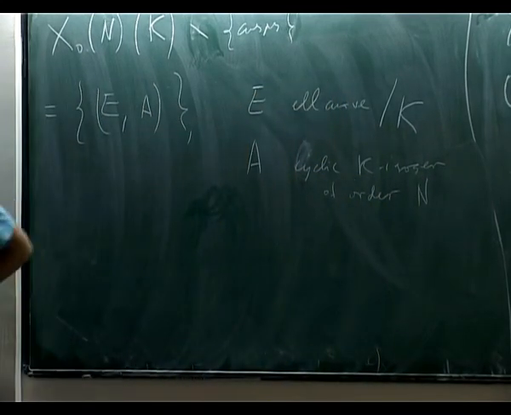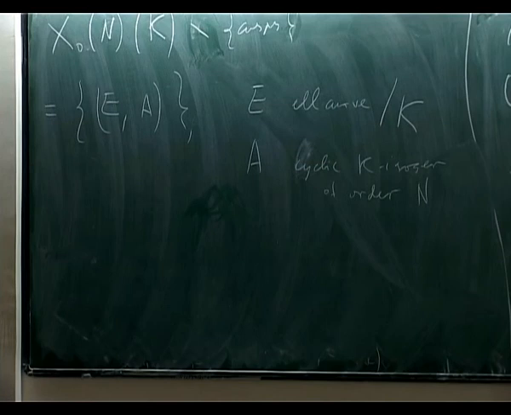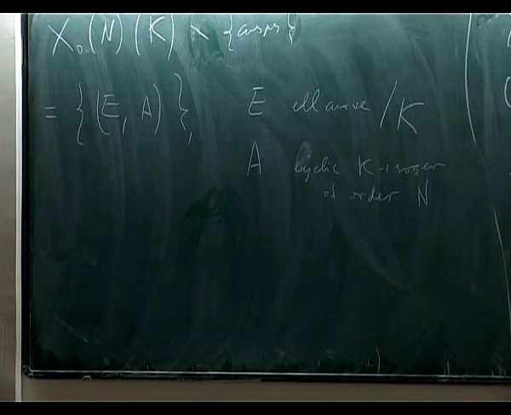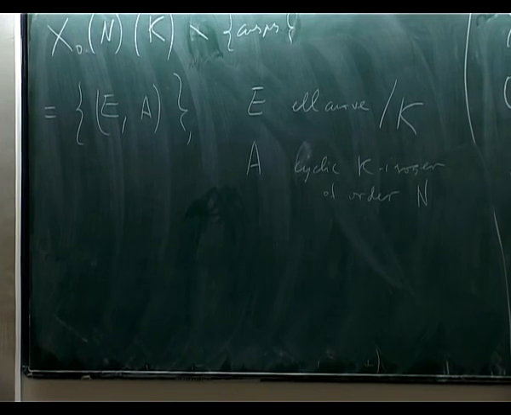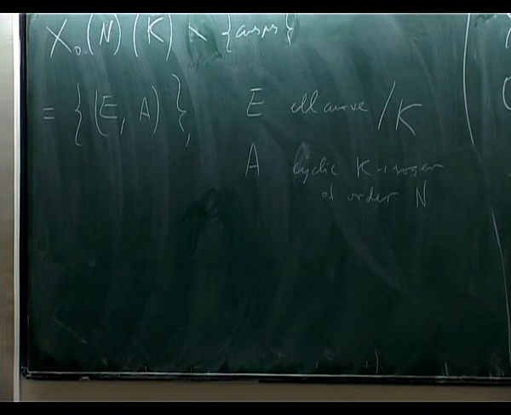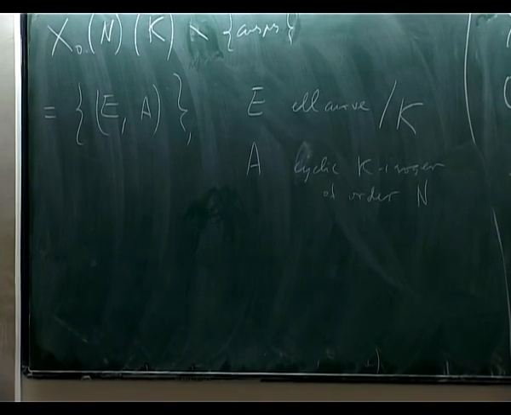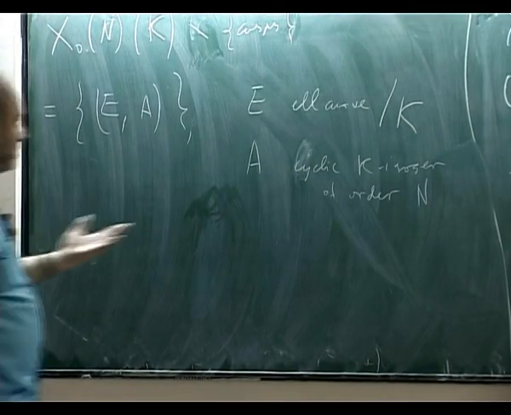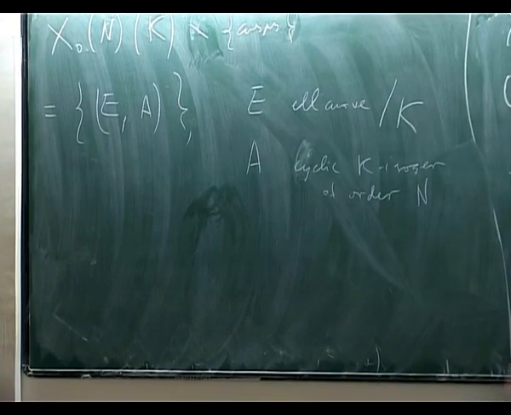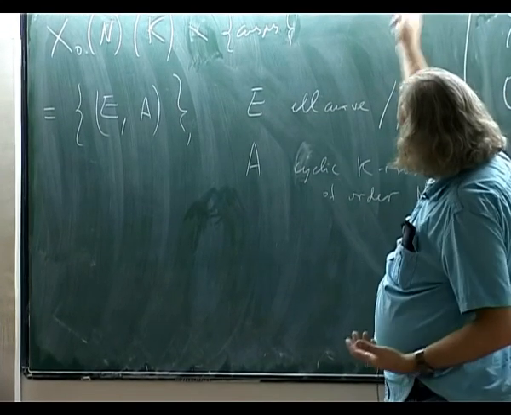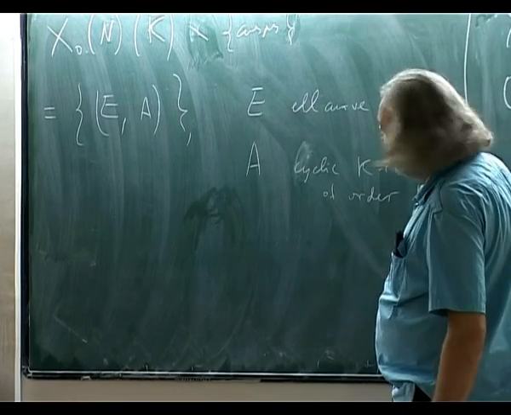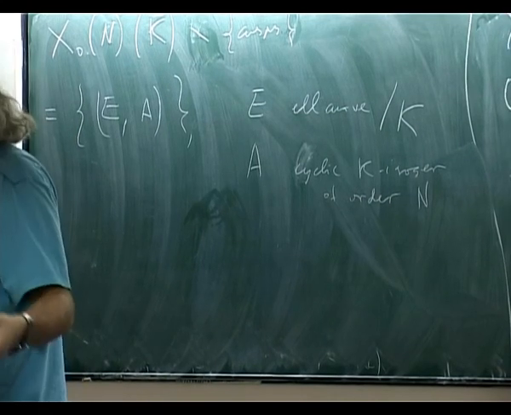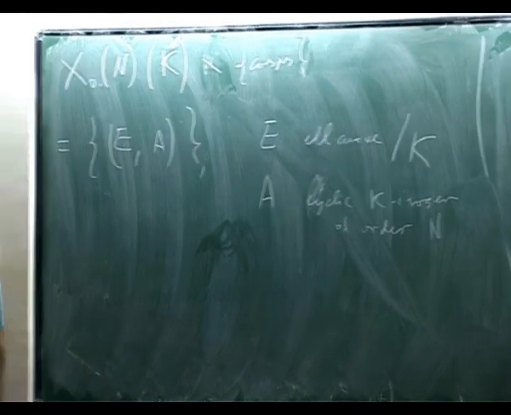So it classifies elliptic curves defined over K which have a cyclic n-isogeny also defined over the field K, which is a priori a very, very strong condition on the curve. Why should it have such an isogeny? Or equivalently, it has a cyclic subgroup of order n, which is defined as a set over K. Not every element is necessarily defined over K, but as a set, it is defined over K.